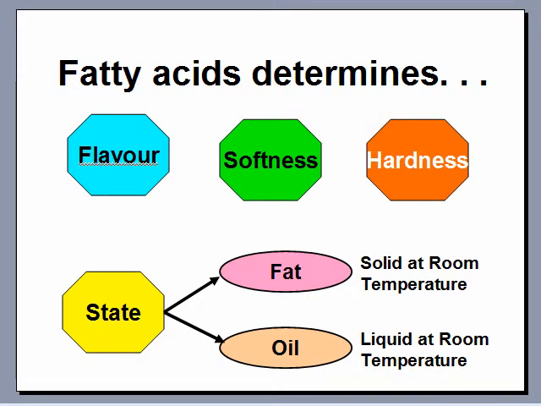Fatty acids are important because they determine the flavor, the softness, hardness, as well as the state of fat. We usually refer to fat as fats that are solid at room temperature and oil as liquid at room temperature.